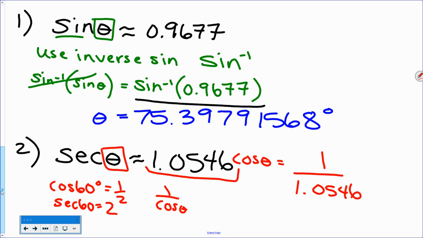So when I go to do this problem, I'm doing cosine inverse of 1 over 1.0546. A lot of students will do the reciprocal at the wrong time and then get these ones wrong.